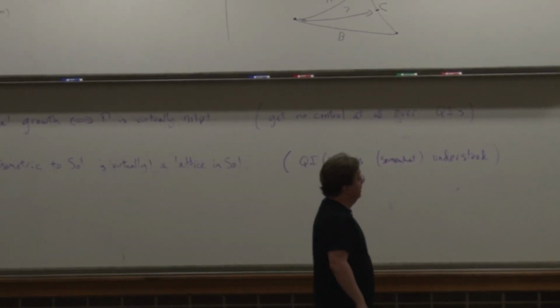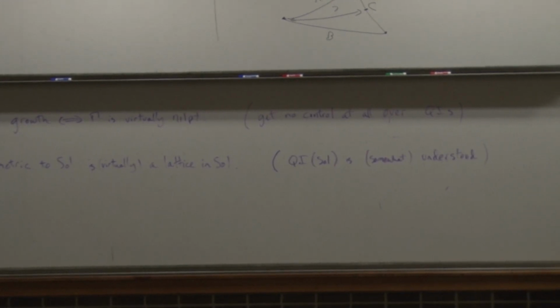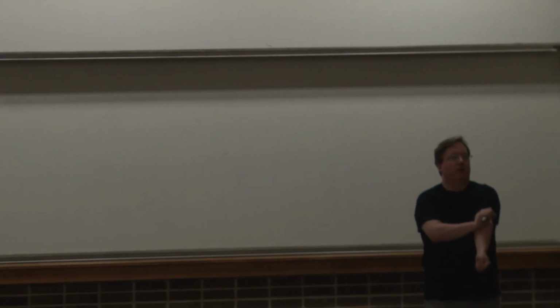And there's a classical theorem of Rademacher's that tells you a map which is bi-Lipschitz is in fact differentiable almost everywhere.